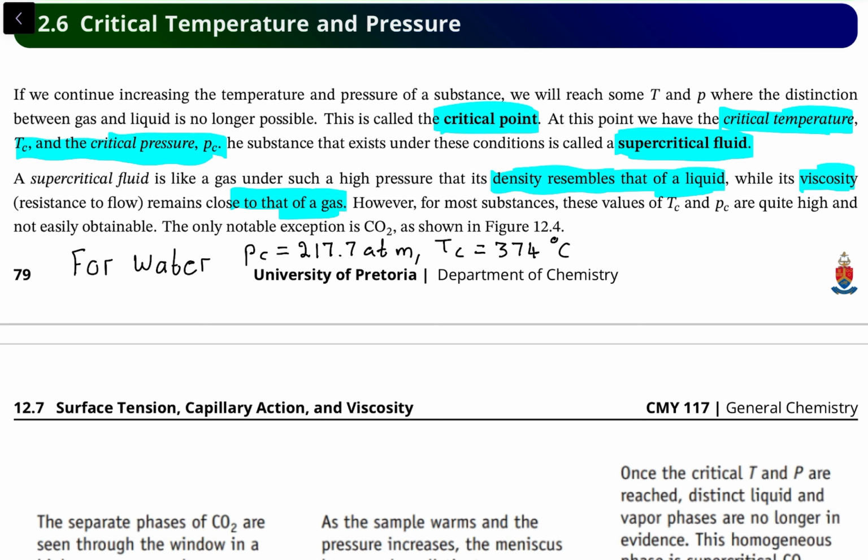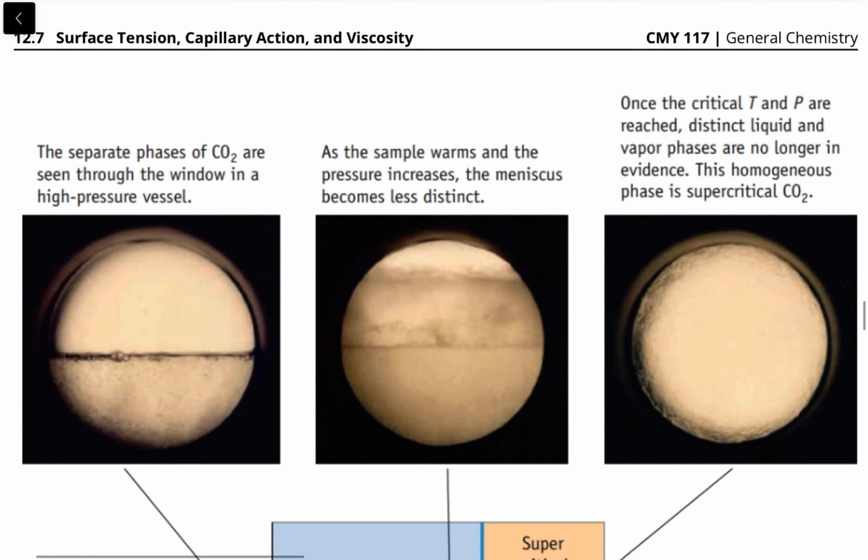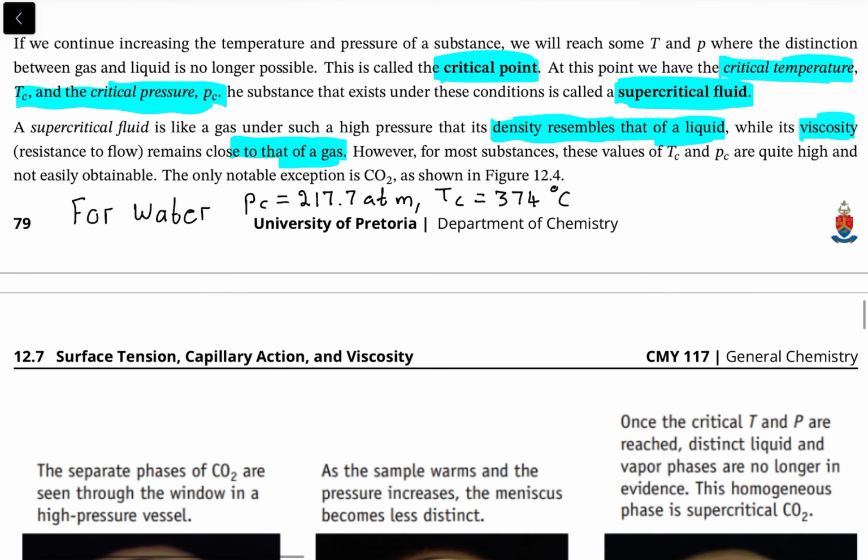So not easily attainable. But there are some exceptional cases, and one notable exception, like I say here, is CO2. What makes it very cool as a supercritical fluid is it's very useful as a solvent. Remember, it has the properties of a liquid and a gas.